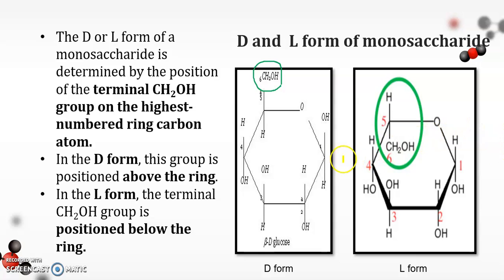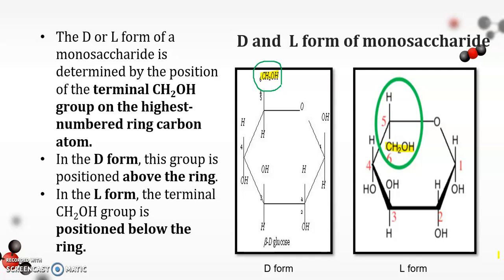On the first picture, it will show us the D form. It will be seen on the highest carbon and it is placed on top. On the L form, as you can see on the picture, the CH2OH will be positioned below the ring.